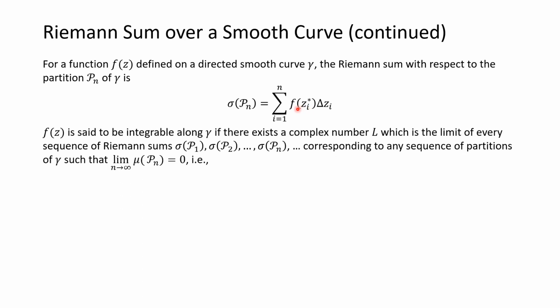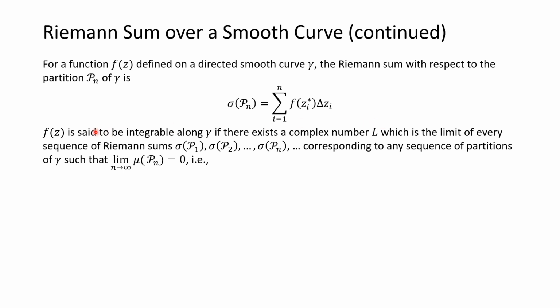What we want to do is force the partitions to have a maximum interval, this mu sub P n, go to 0, and if we do that, then the limit of these partial sums should approach a particular value, which we call L, and that's the value of the integral.